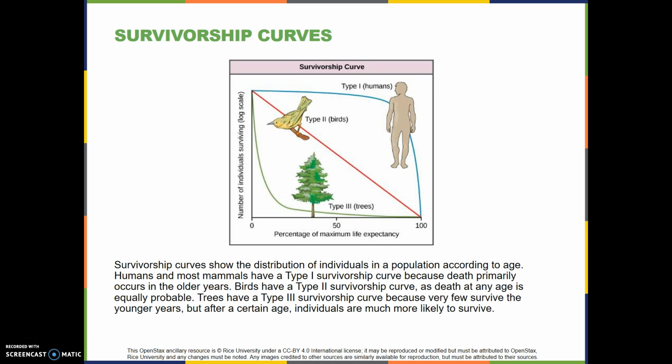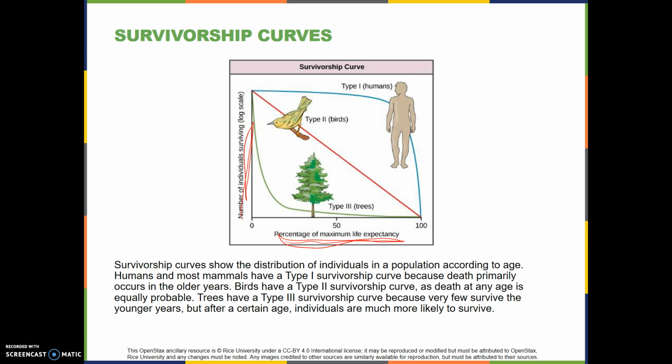And then survivorship curves, graphical relationships of populations. This is the number of individuals surviving on the y-axis, and then the percentage of maximum life expectancy, the percentage that reach maximum life expectancy. So you can see with birds, this is a type 2 survivorship curve.